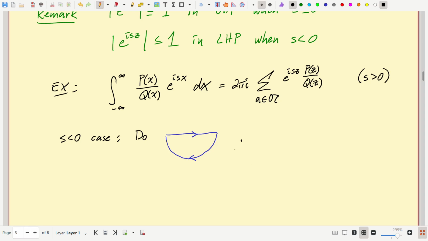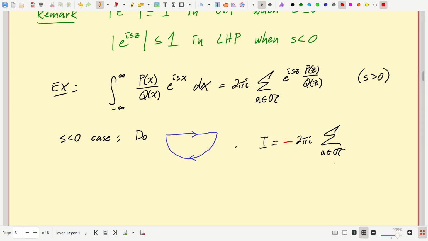So you'd get that the integral, because it's a clockwise thing, is minus 2 pi i times the sum of the same thing. But this, I'd call this A sub minus.